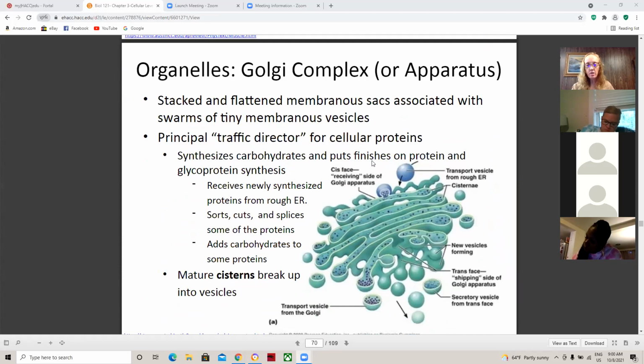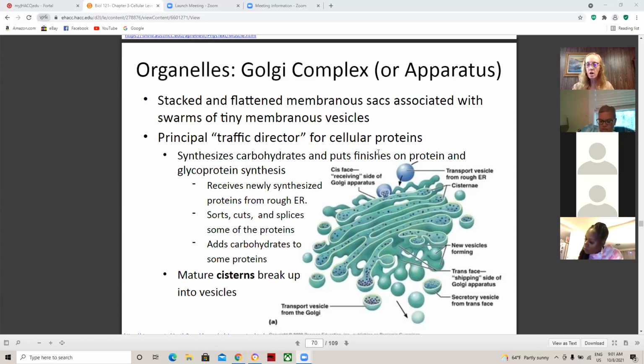In addition to the endoplasmic reticulum, we have the Golgi complex or Golgi apparatus, which is a stack of flattened membranous sacs that are associated with swarms of tiny membranous vesicles. This is the principal traffic director for cellular proteins.